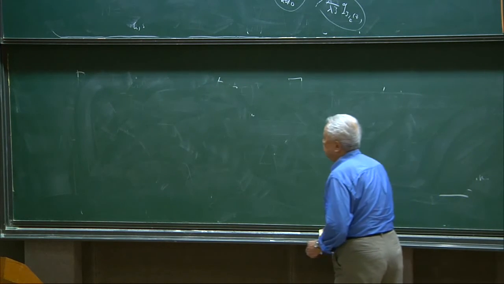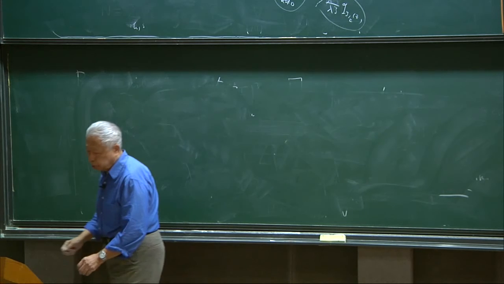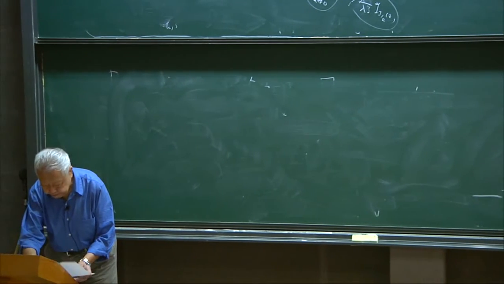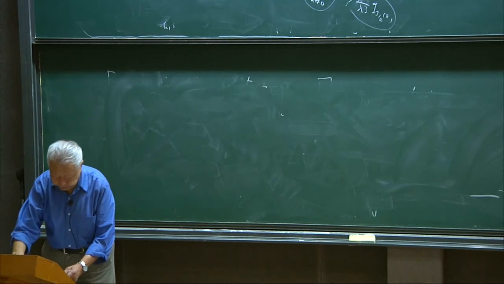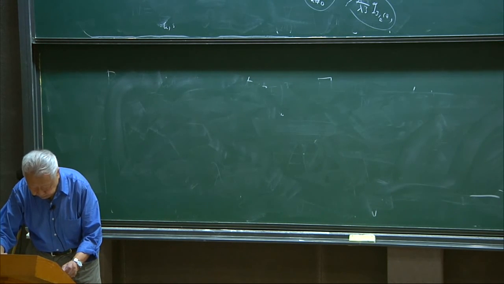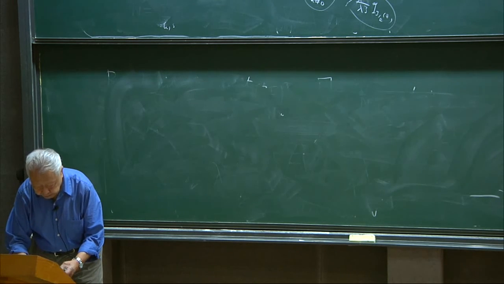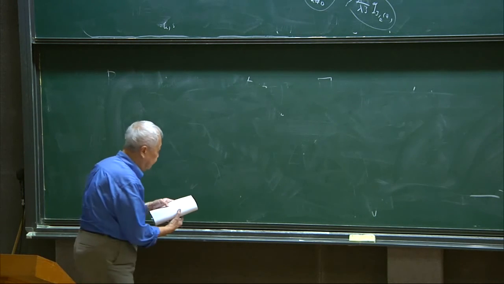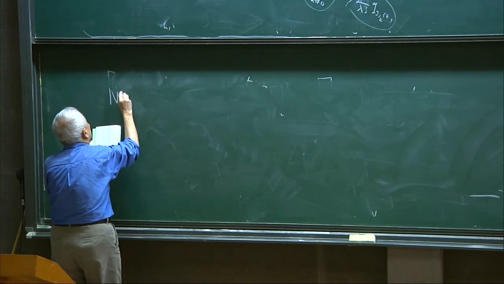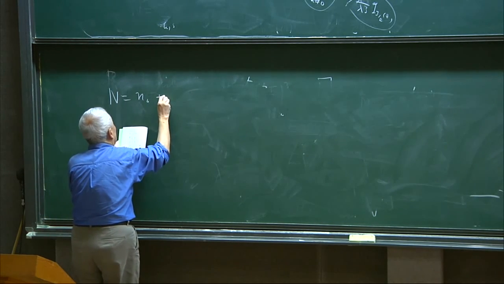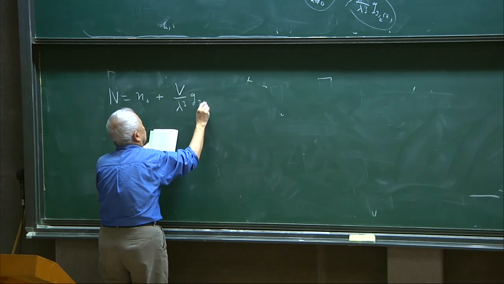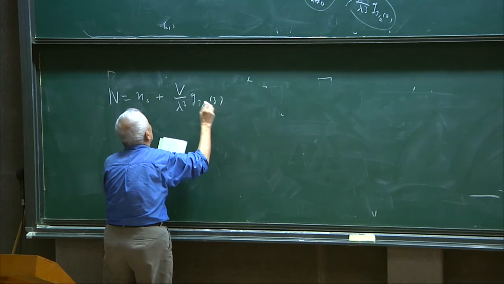So the solution is N is equal to n0 plus V over lambda cube G 3/2 of z. This is more correct.